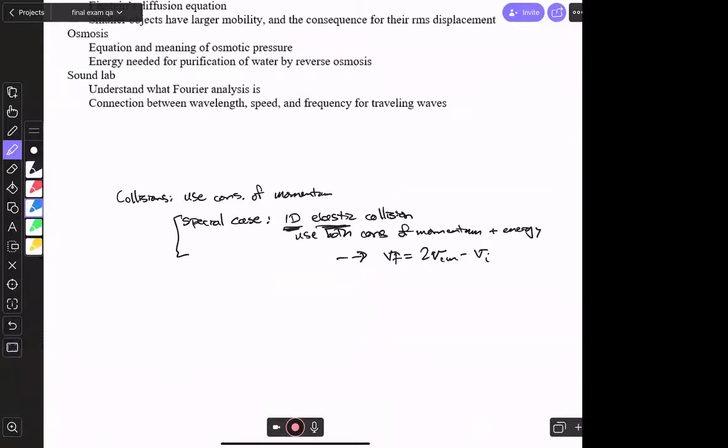For example, say I have some large object of mass M moving in this direction with velocity capital V, about to collide with a smaller object of mass little m that's moving with a velocity little v that's smaller than big V, and they're going to collide elastically.